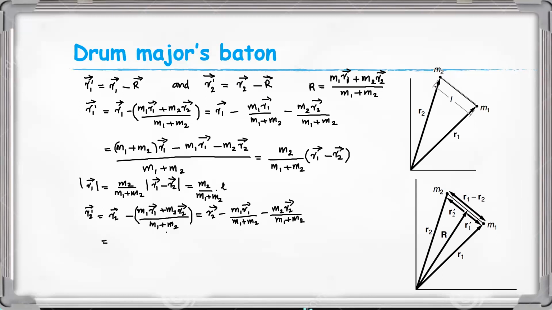That is equal to M1 plus M2 into R2 vector minus M1 R1 vector minus M2 R2 vector, whole divided by M1 plus M2.